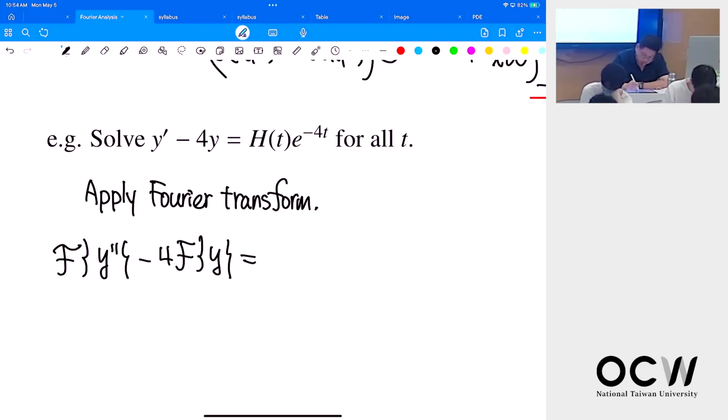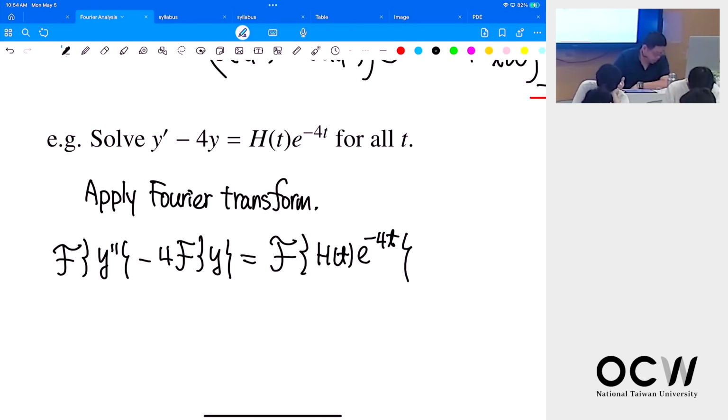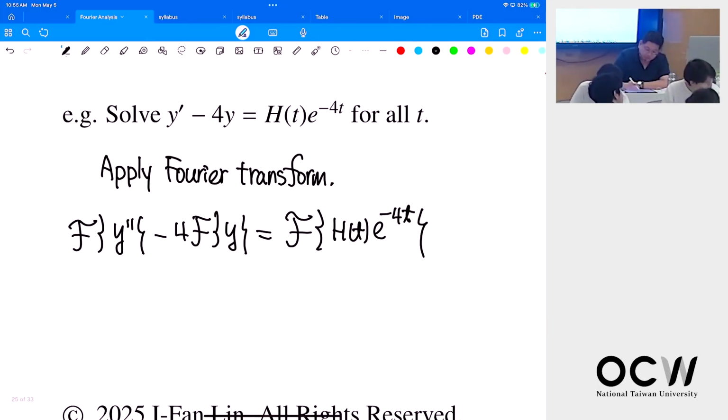Right hand side, I also take the Fourier transform. So for the Fourier transform, okay, why do I have double prime?